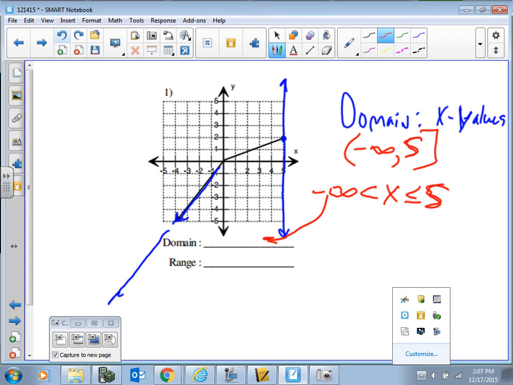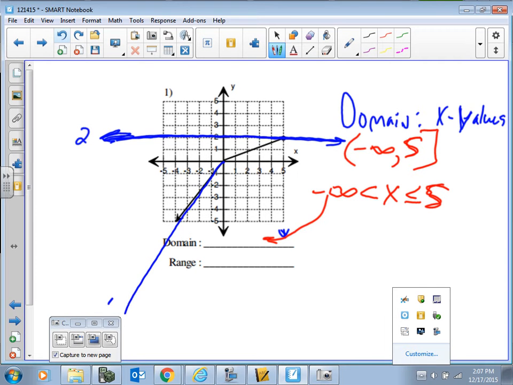Now the range is a different story. Range is talking about y values. And now you're going to be looking up and down. So you're going to be looking here. The top y value that gets hit is 2. And the bottom one, again, if you look at the fact this has an arrow, it's going to keep going.